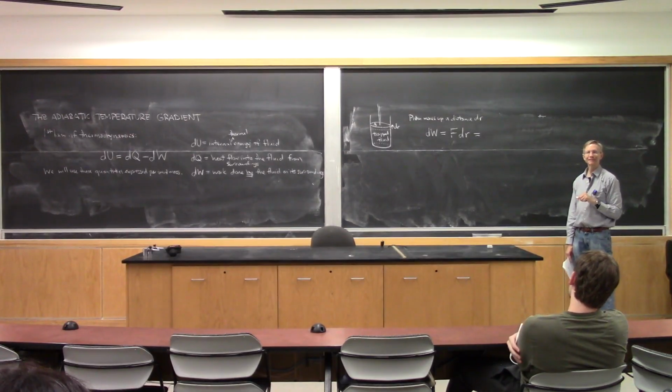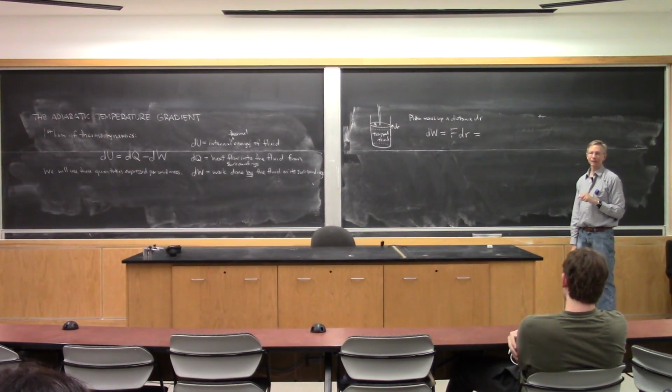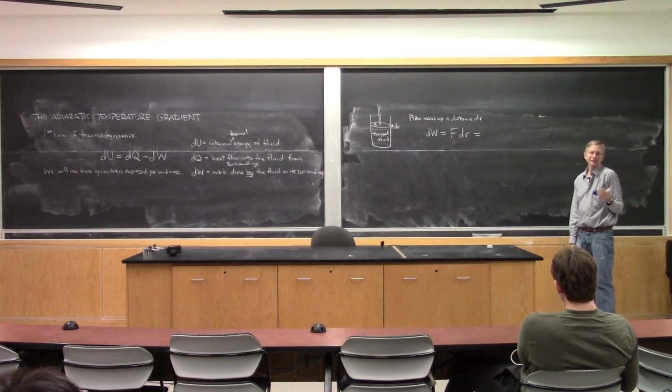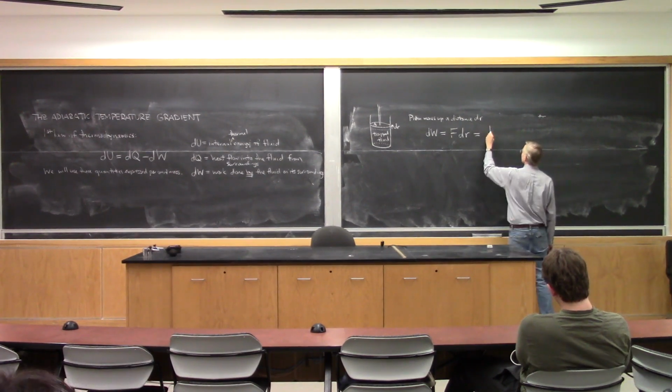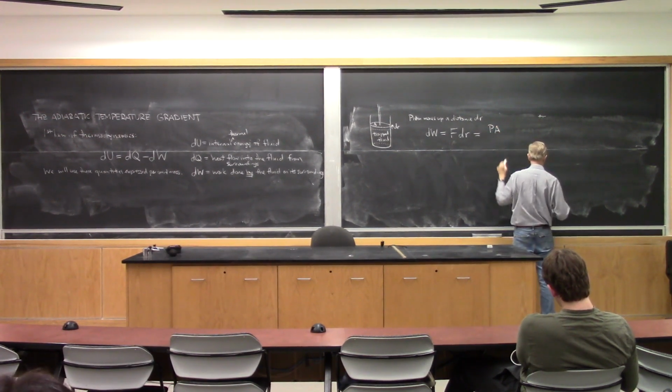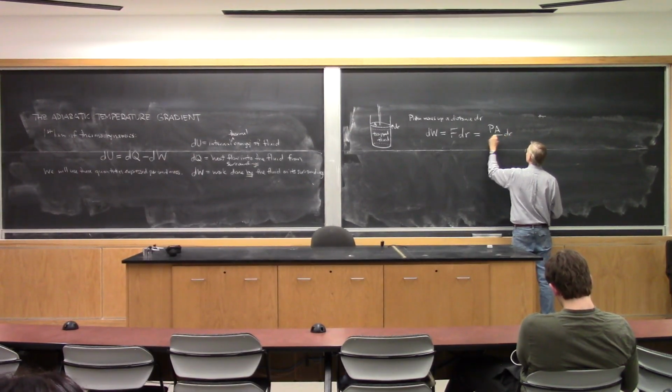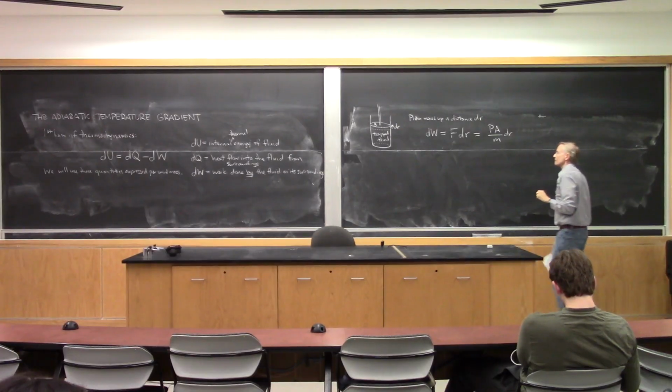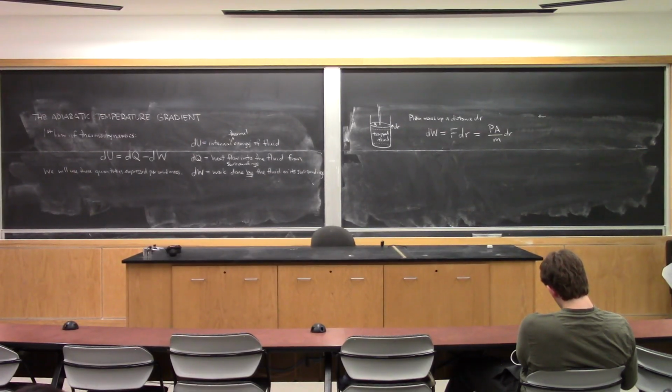What's pressure? Pressure times area. Yeah, pressure times area, right? Because pressure is force per unit area. So this is going to be pressure times area times dr, but we're doing it per unit mass. So remember, everything is per unit mass, which is why I'm dividing by m. We could do this without doing that, but we're doing everything per unit mass. So we divide by m because it's per unit mass.